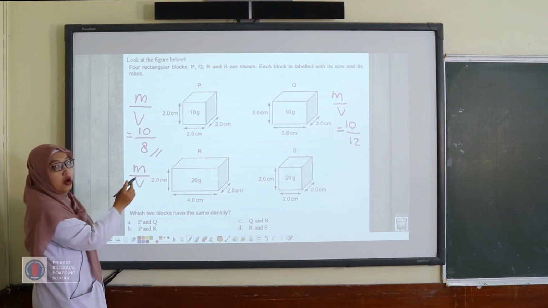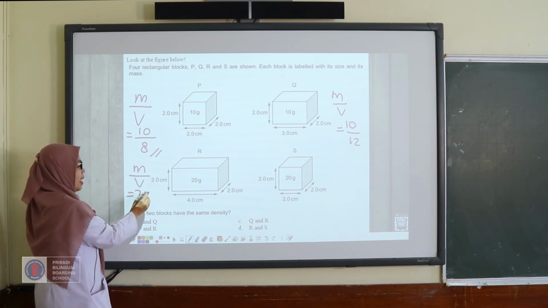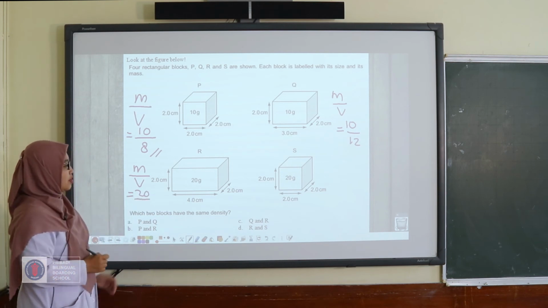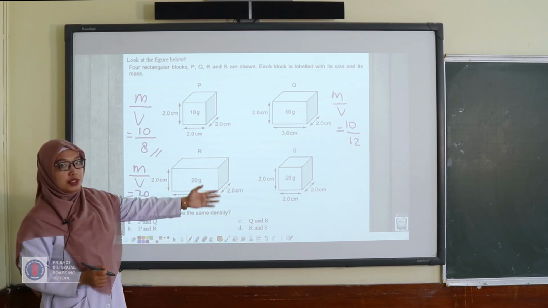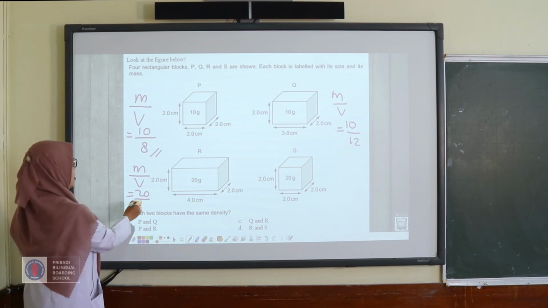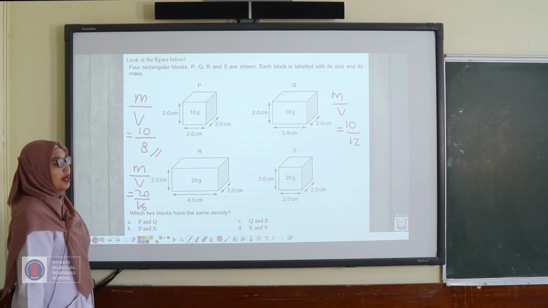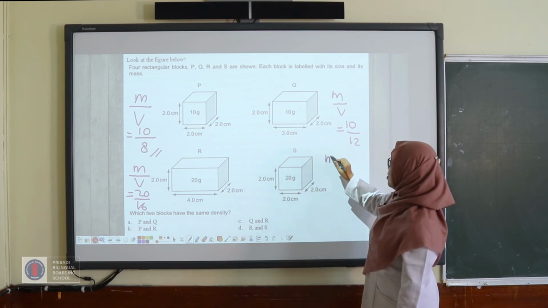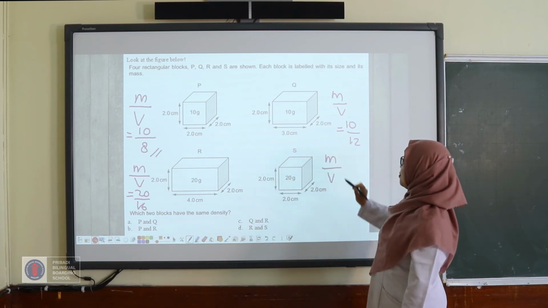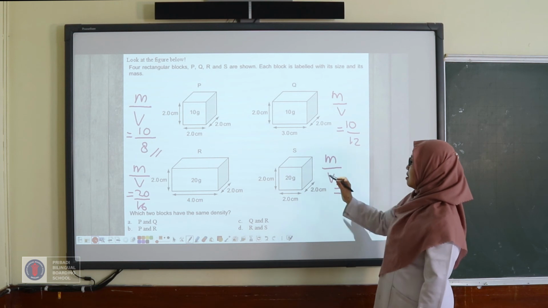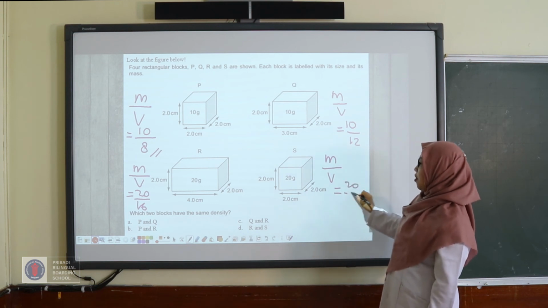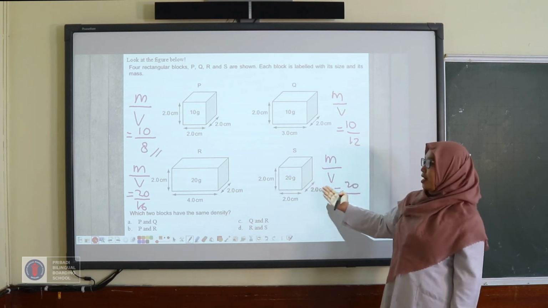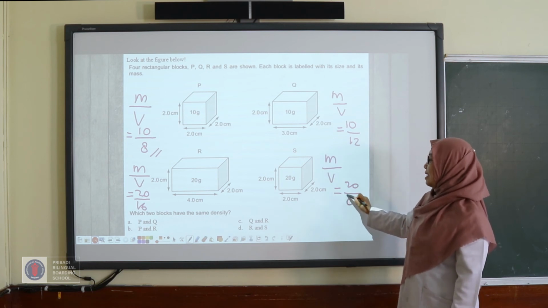The mass of block Q equals 10 gram, and the volume of block Q equals 2 times 3 times 2 equals 12. Next, we go to block R. The mass of block R equals 20, and its volume equals 2 times 4 times 2 equals 16. And the last block is block S. The mass itself is 20 gram, and the volume is 2 times 2 times 2 equals 8.